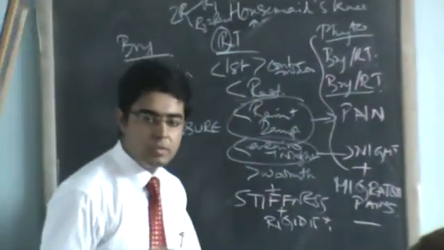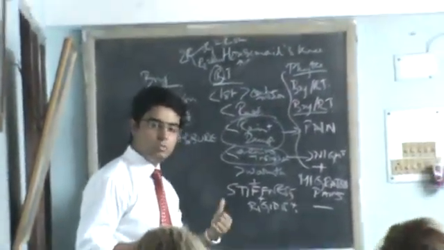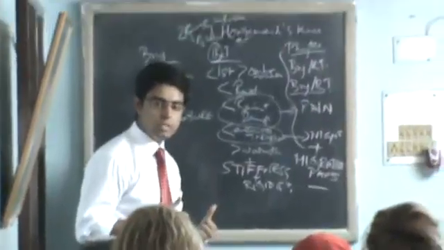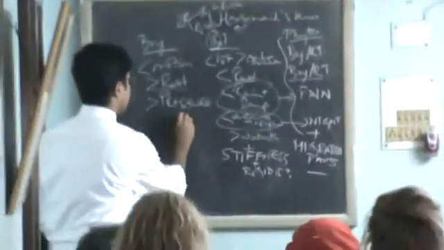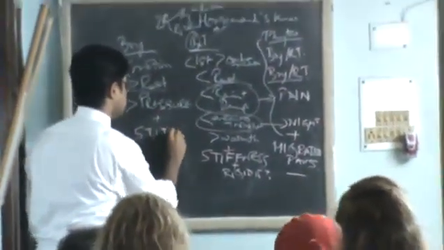How? Phytolacca will have that migratory character of pains. Rhus tox will have lots of stiffness and rigidity, which I mentioned earlier, lots of stiffness and contraction. And in bryonia we have the characteristic stitching type of pains.